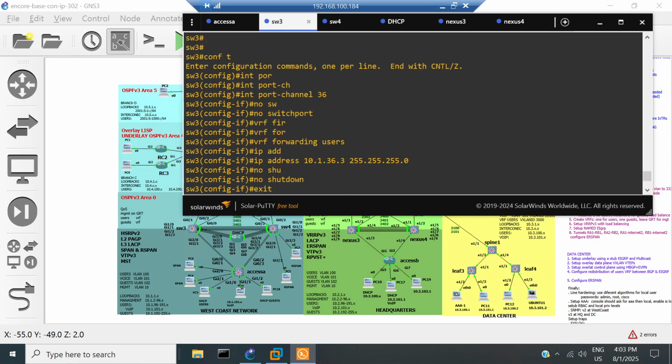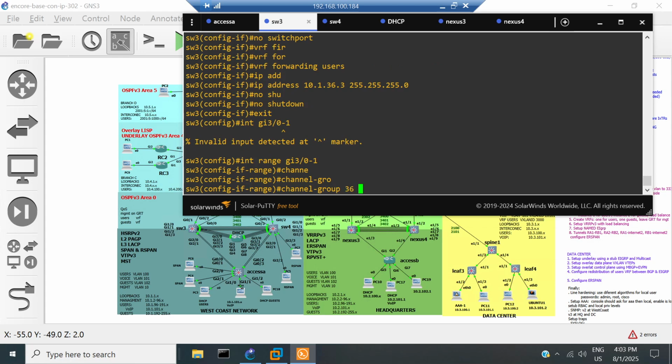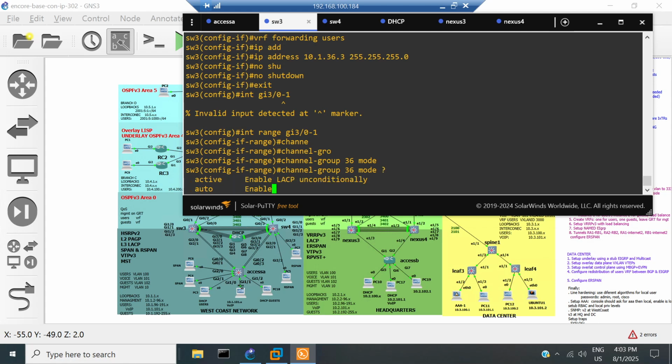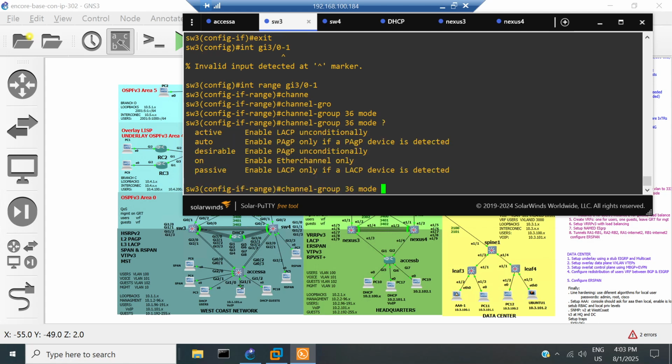This was the 36 mode, and in this case, given I am going to go for LACP, I have to choose between passive and active. So let's do that.